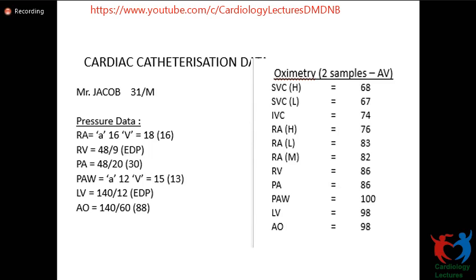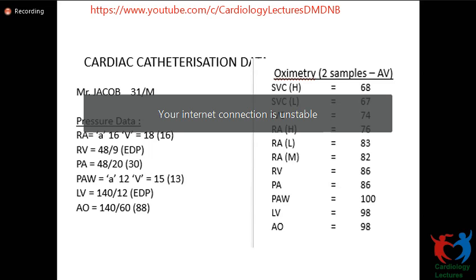We haven't got the LA pressures, but the RA mean is greater than the pulmonary wedge. If we take the LA mean pressure as 13, then the RA pressure is greater than the LA pressure actually. RA pressure is greater than the pulmonary artery wedge pressure, which means more than LA pressure. Very good.